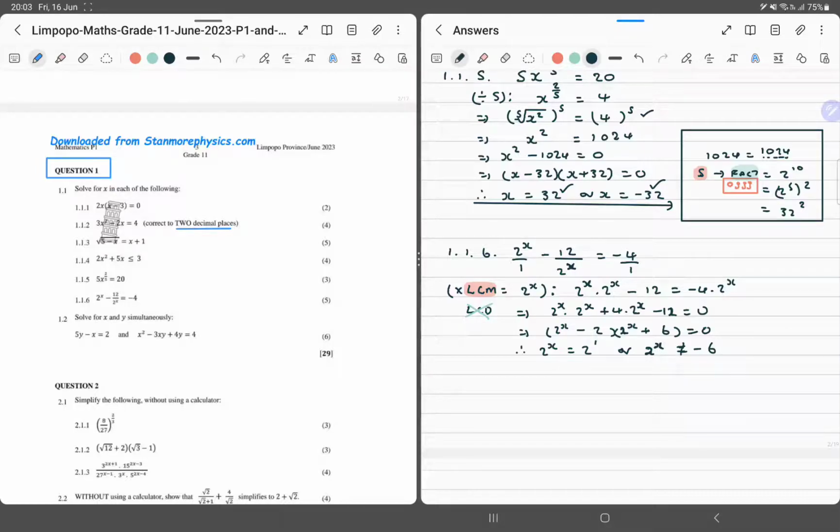A power with the variable on the exponent can never be negative. It doesn't matter. Even if the exponent is negative, it only becomes a fraction, but it can't be negative. So that is easy. And then therefore it tells us that our x is going to be 1, because remember, when powers, remember this whole thing is a power.